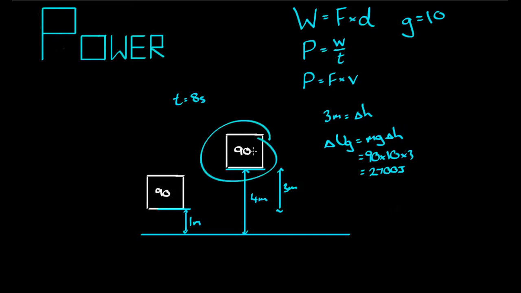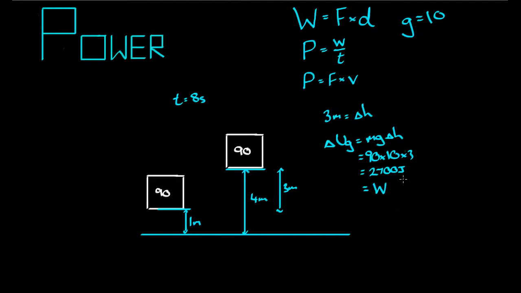So the fridge up here has 2,700 more joules of gravitational potential energy than down here. In order to have given it this increase, we must have done that amount of work to it. So the work done to lift this fridge from 1 meter to 4 meters, a change of 3 meters, is 2,700.